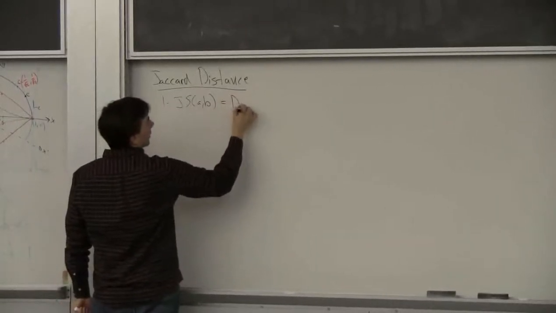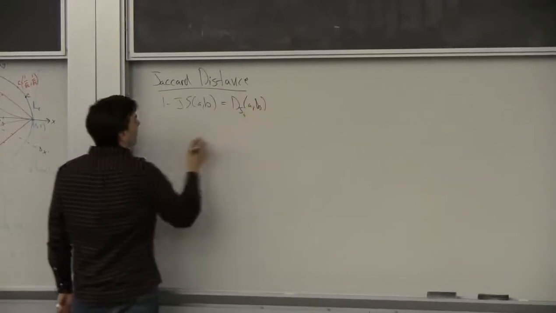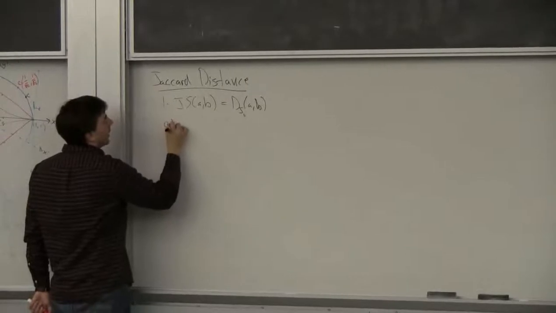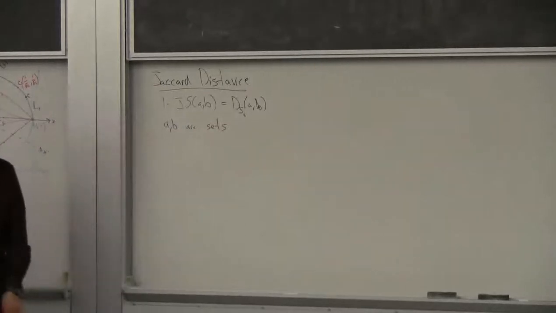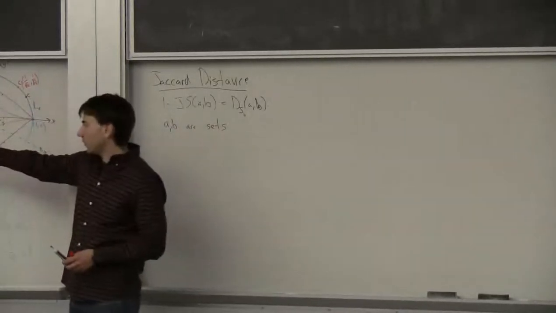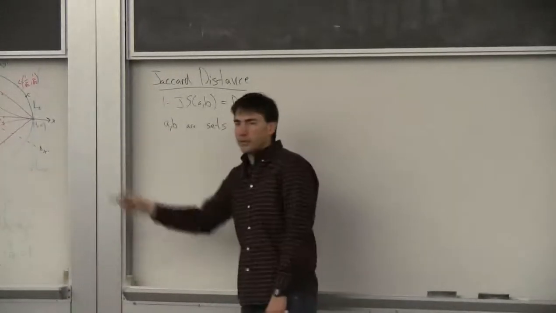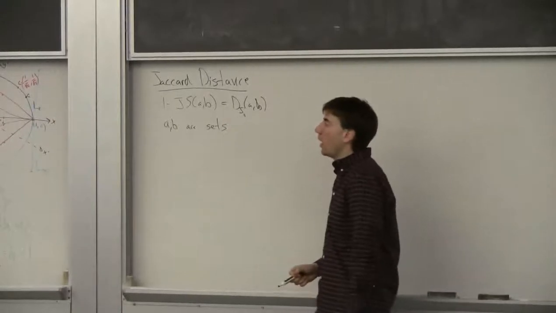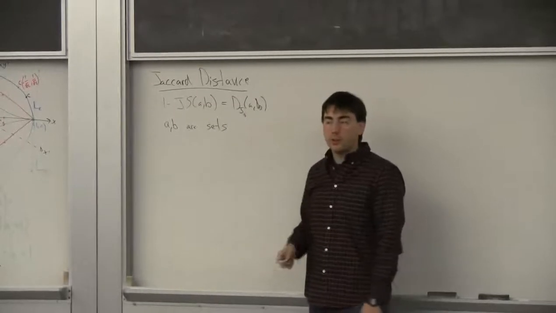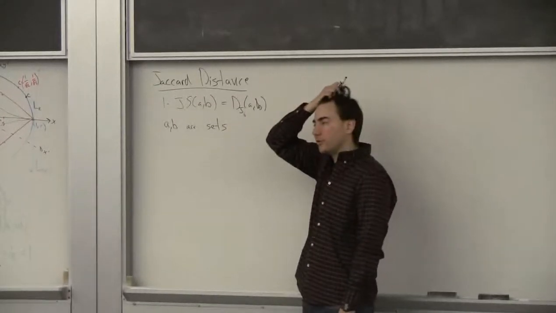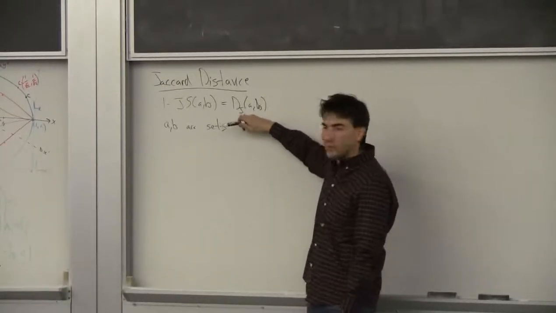This is the Jaccard distance, and this is defined when A and B are sets. So the LP distances work for vectors with real-valued coordinates, and the Jaccard distance works for sets. We talked about several other of these similarities between sets, and you can convert all of them into distances this way.